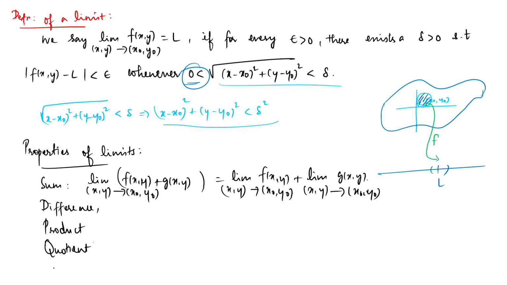And apart from this, we have the constant multiple rule, the power rule, and the root rule. When you talk about the root rule, you have to be careful that it has to be some odd value so that the positive remains positive and the negative remains negative as it is.